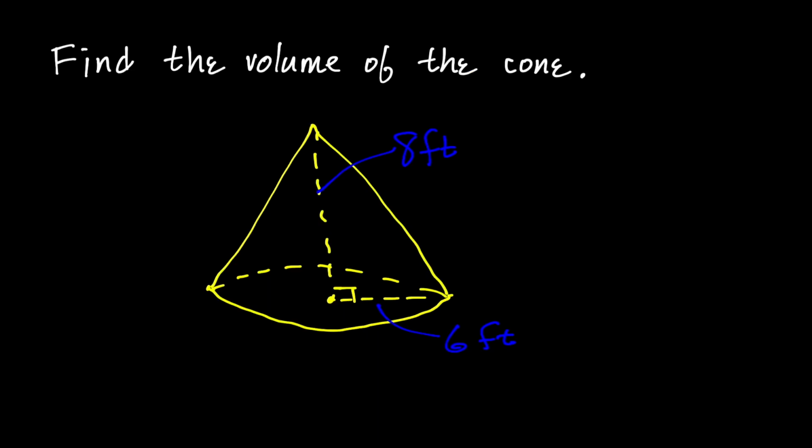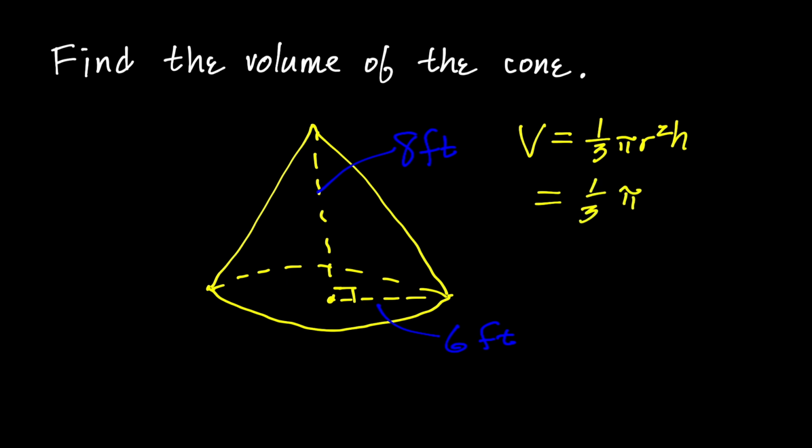For the first example here, I've drawn a right circular cone. Because this is a right cone, the height and the base are at right angles. So we're going to use that formula, which is volume equals 1/3 pi r squared times h.